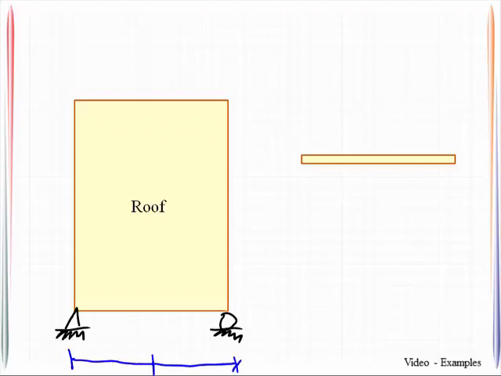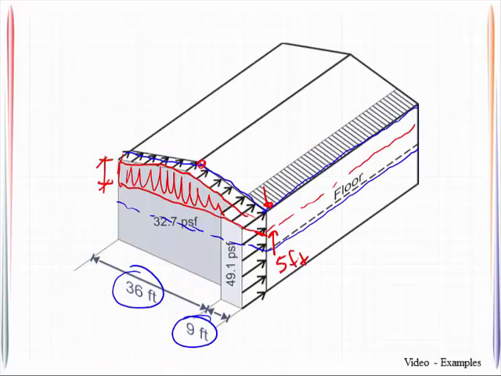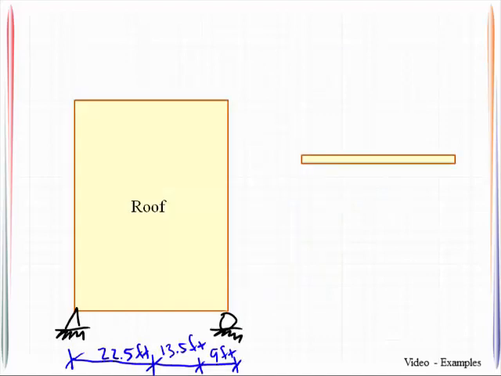We've got a center line dimension here of 22.5 feet, and then you'll recall we had this 9 feet there, and that will then leave us a balance of 13.5 feet. That's me just taking this information and kind of taking half of it here, 22.5, and then breaking it up as such. Okay, and then we are going to go ahead and sketch what that load looks like.